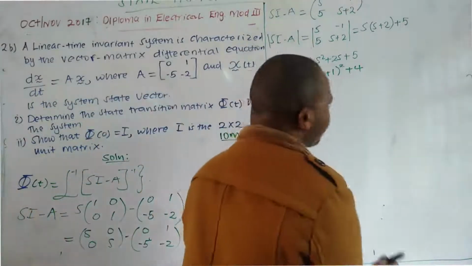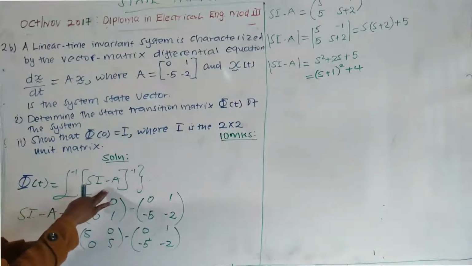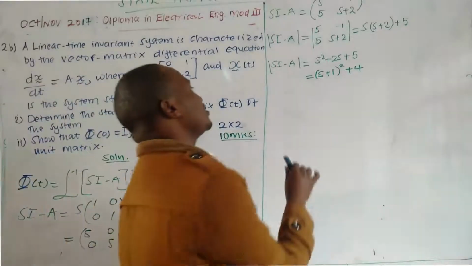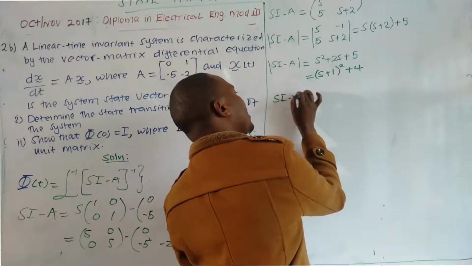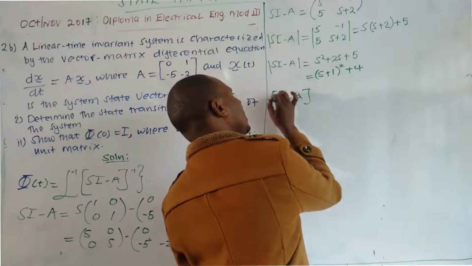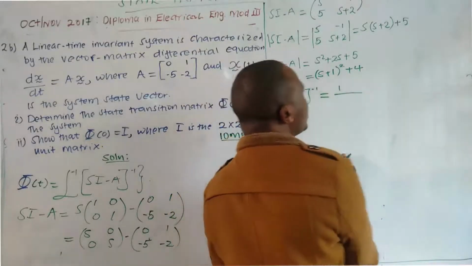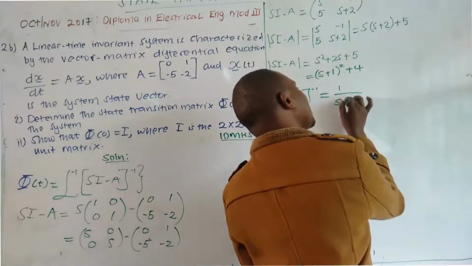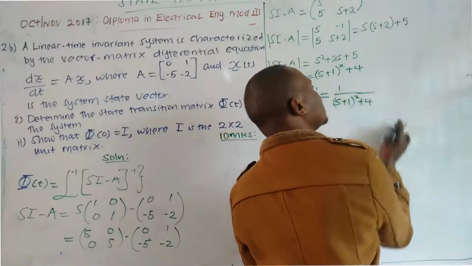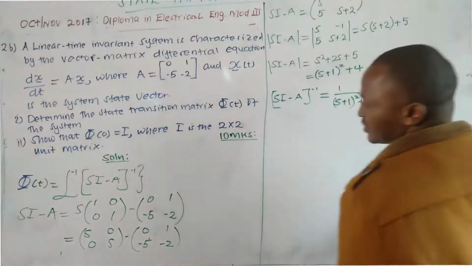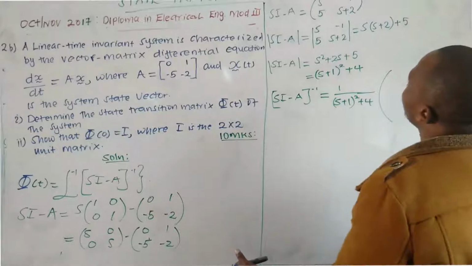Now we need the inverse matrix to get the inverse Laplace transform. So the inverse matrix of sI minus A is equal to 1 over the determinant, which is (s plus 1) squared plus 4, multiplied by, to get the inverse of our 2 by 2 matrix, you take our original matrix.